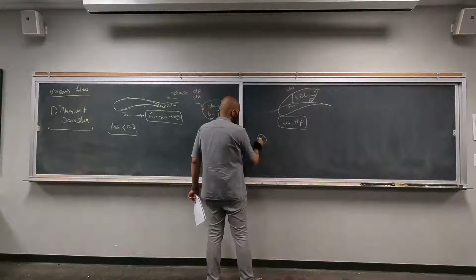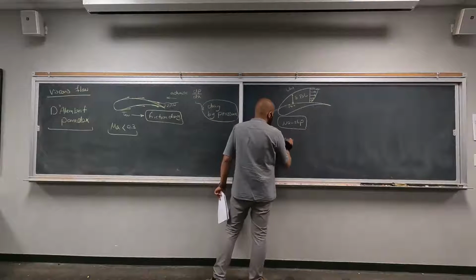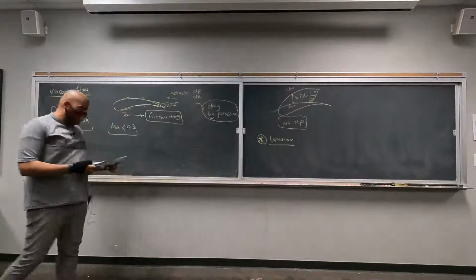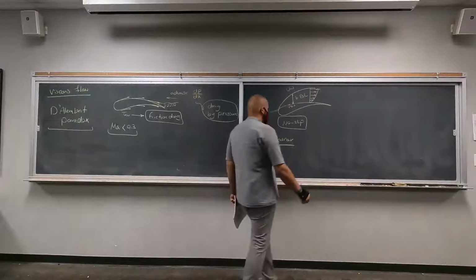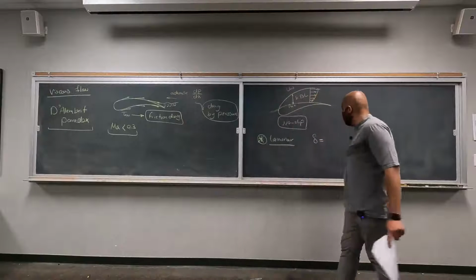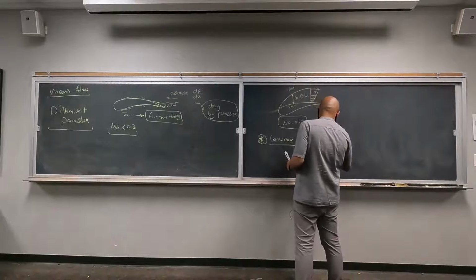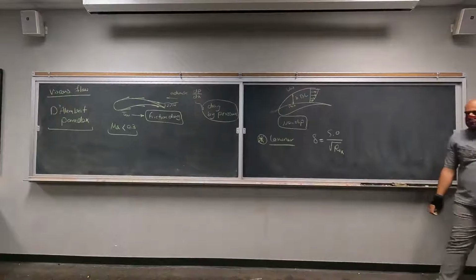So the point of this lecture is not to prove or derive the equations for this. I'm just going to give you the equations for boundary layers. If your flow is laminar, your boundary layer thickness, this thickness, you can calculate it as 5 times x divided by the square root of the Reynolds number, that's Re of x.